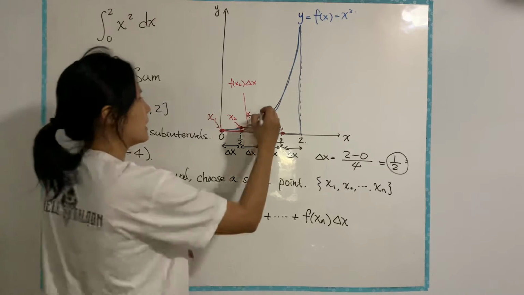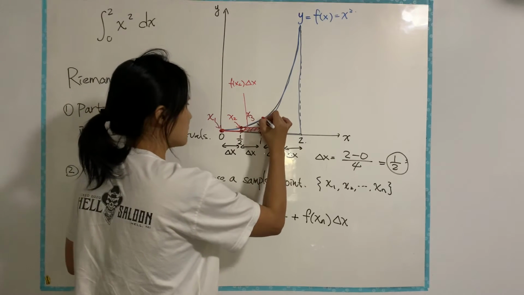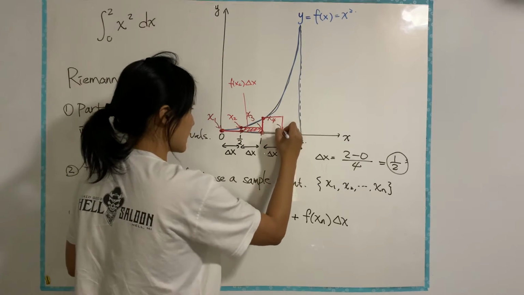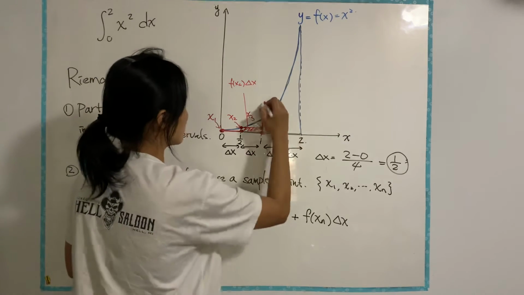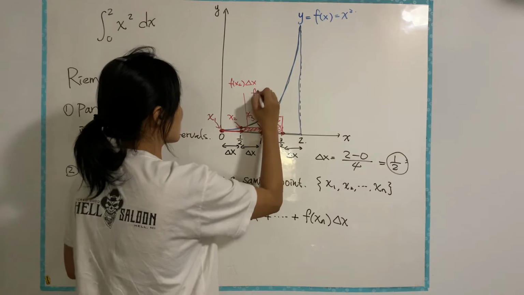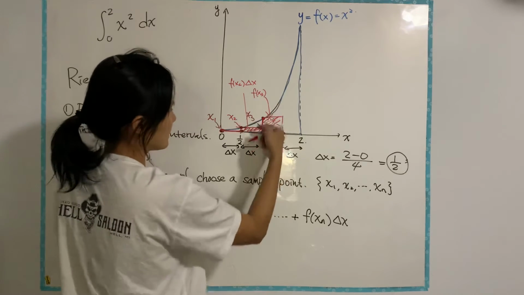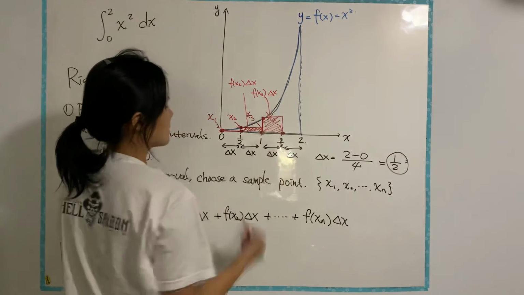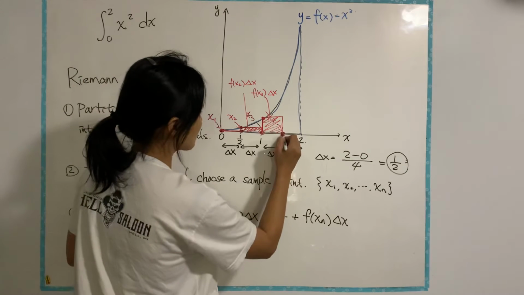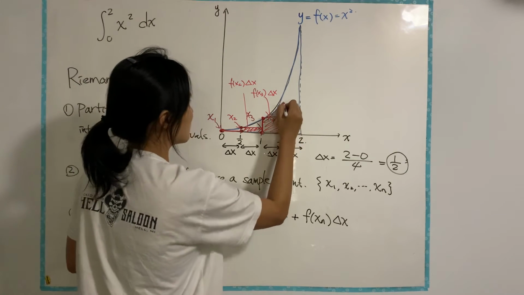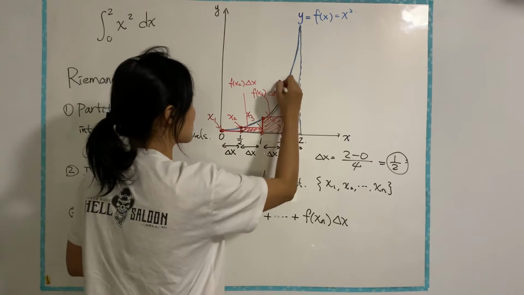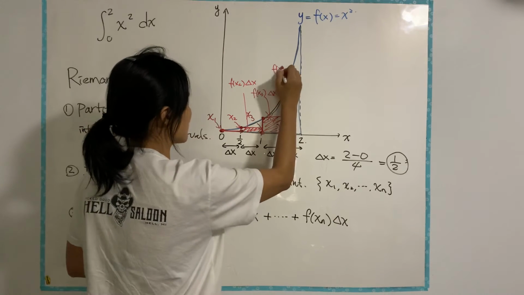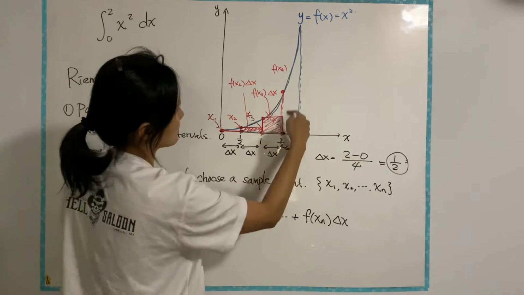And if I do f of x3 times delta x, then what I'm getting would be this area. So f of x3, the height, times the base. Okay, and similarly, f of x4 will give me this value. So this is f of x4, the height of this point.